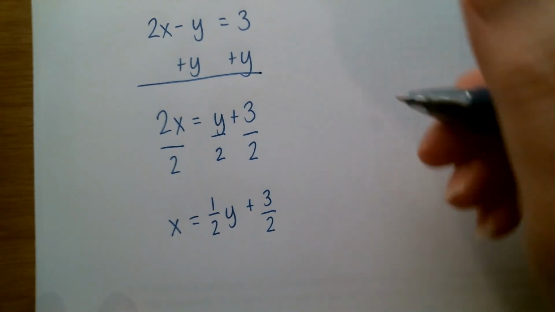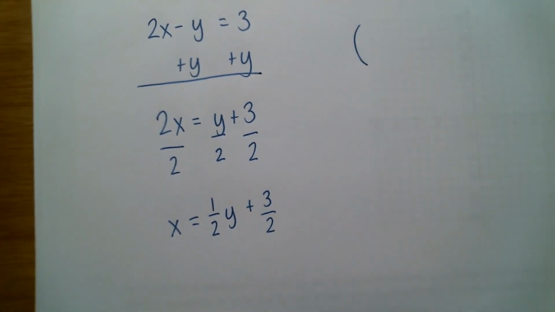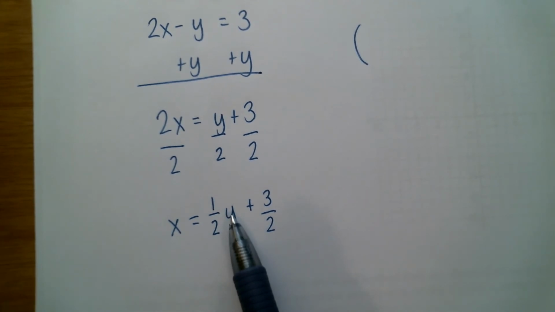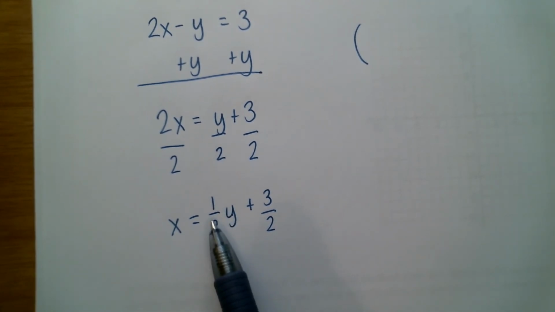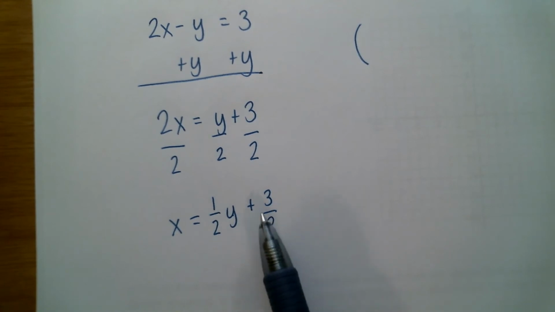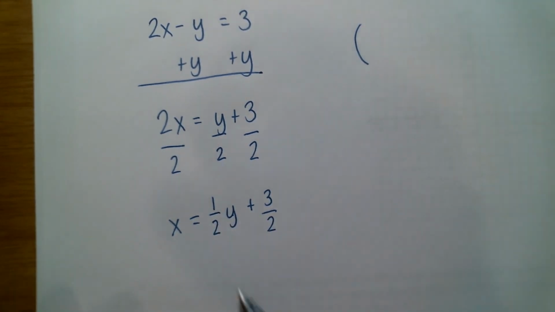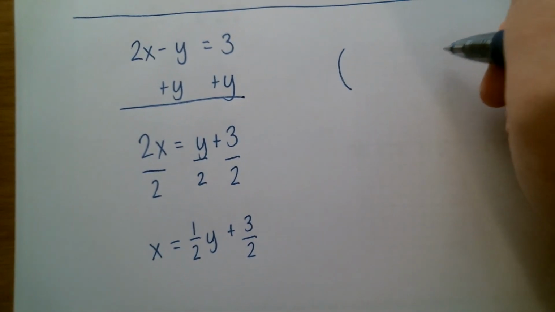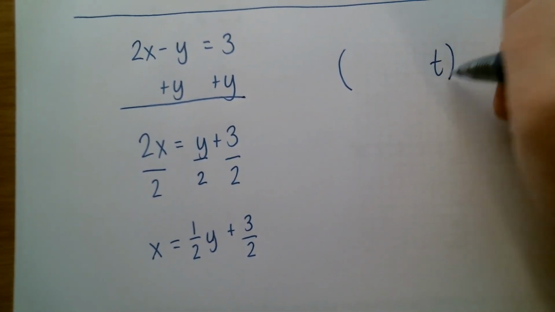So again, to parameterize, you ask yourself, based on this equation, which variable do I have control over? If I'm looking at this, I would pick the y, and then whatever I pick, I have to multiply that number by 1/2, and then take that result and add 3/2, and that would give me the x value. So you're in charge of y here. So the y coordinate would be the t value.